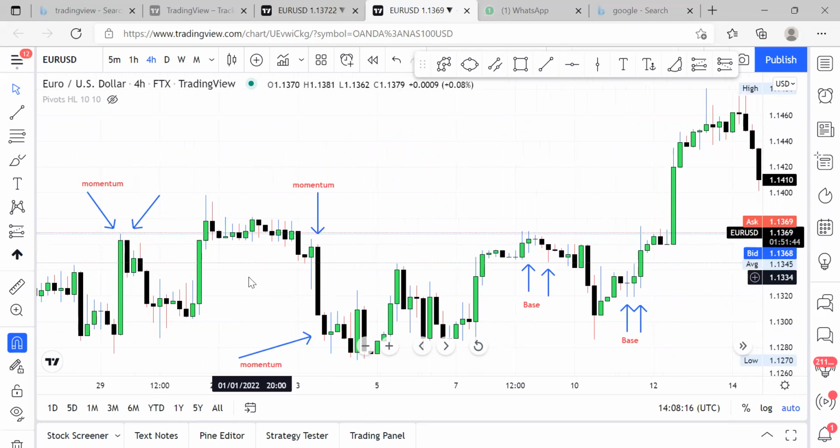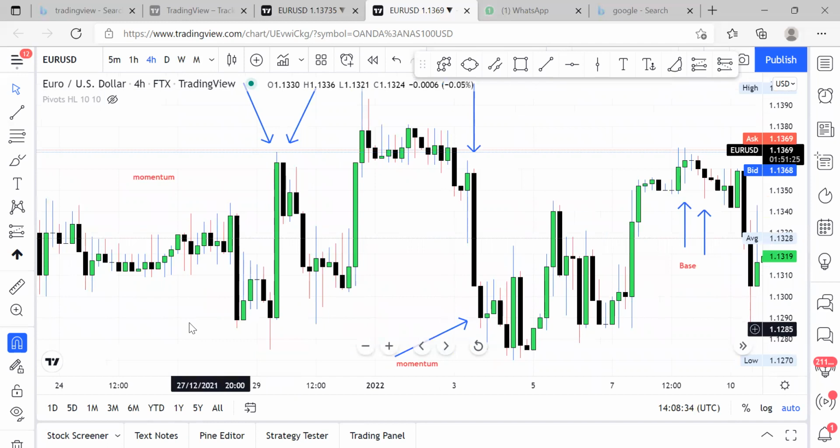And base candles show when the market is trying to go from one direction to exhaustion. Remember, the body doesn't have to be massive, but a momentum candle has to have no wicks or very little wicks. If we look at this particular candle, big wick, small body, so it's a base candle.